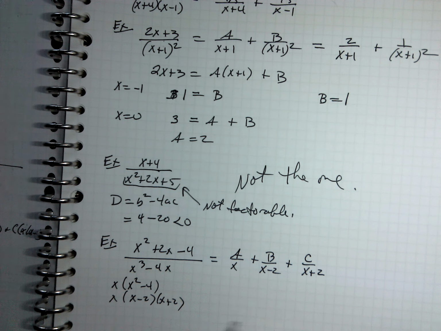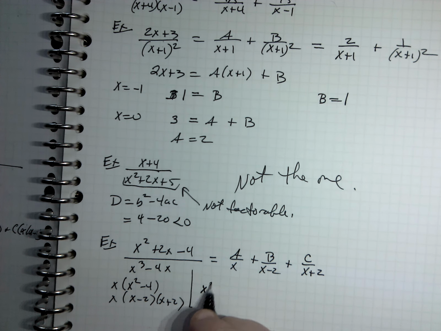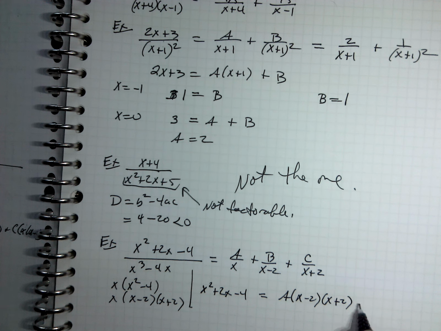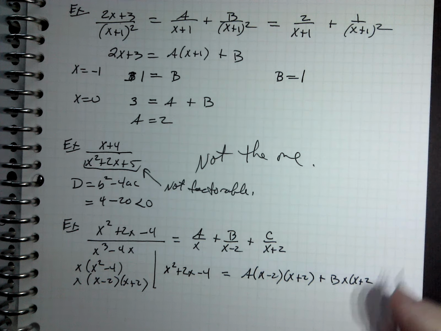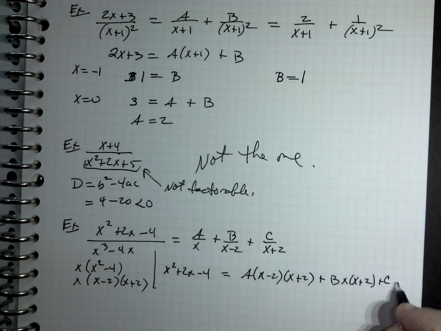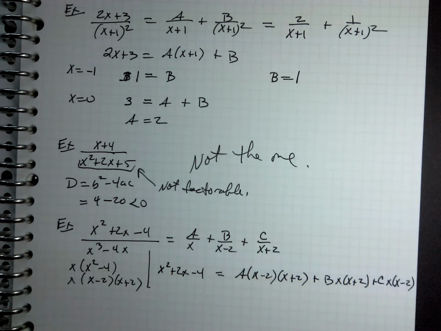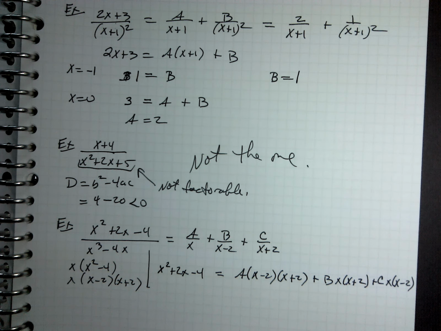Bringing together like common denominators, I would have x squared plus 2x minus 4 is equal to a times (x minus 2)(x plus 2). My b is missing an x and an x plus 2. Can she fit it on the page? And my c is missing an x times (x minus 2). Yes, she did.